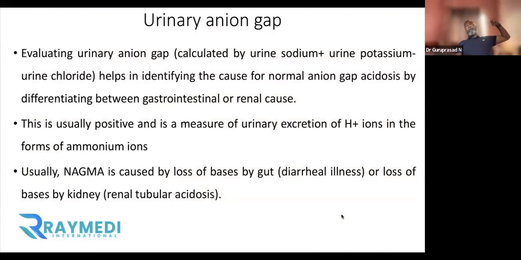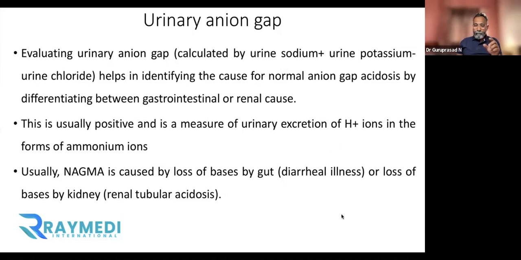Now, when you get a normal anion gap metabolic acidosis, next you should know the cause. Is it a renal cause or an extrarenal cause? I showed the Gamblegram. There, the bicarb is reduced and the chloride is increased, isn't it?